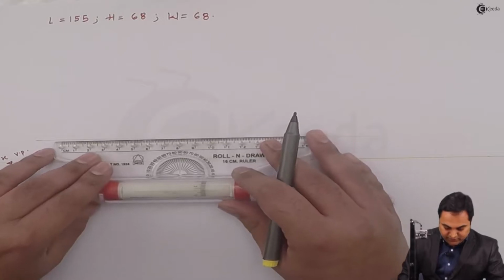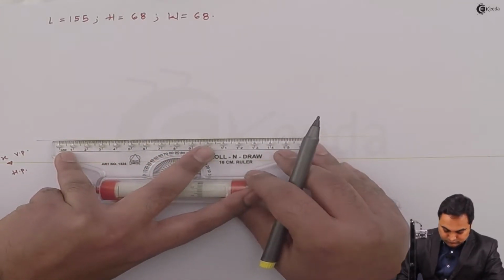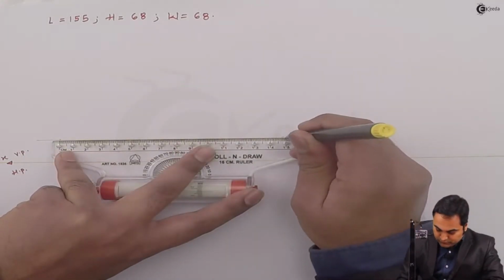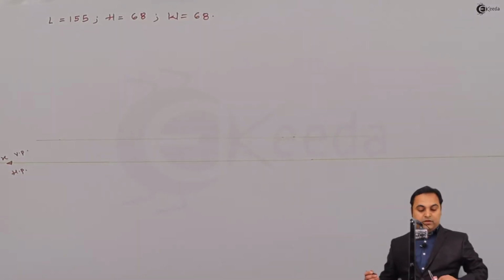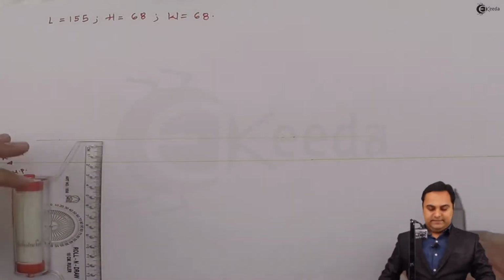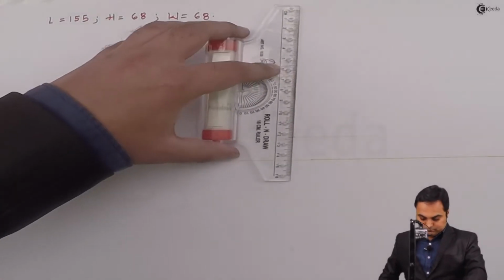Length is 155 mm. Here this is 150 mm and here we have 155 mm. Height of the object is 68 mm. In the front view, the length and height are visible.